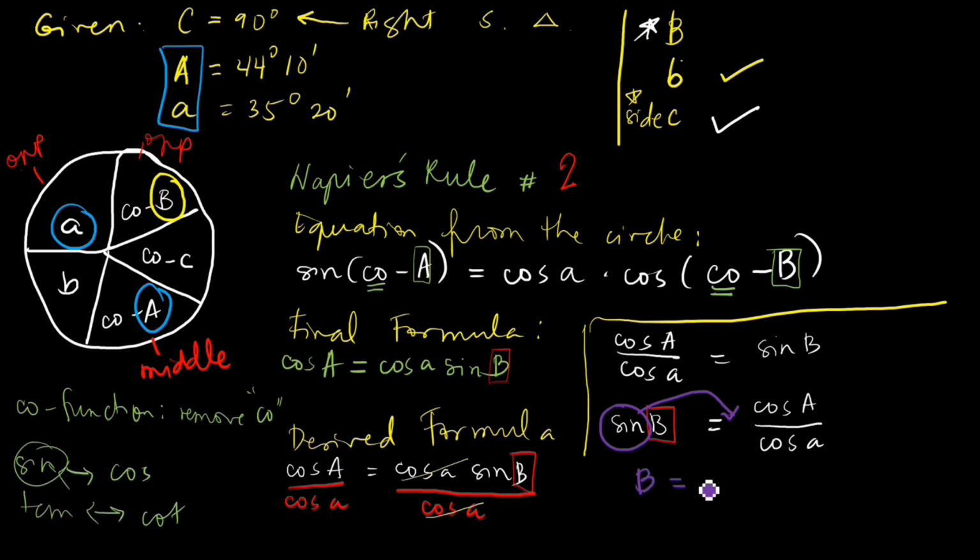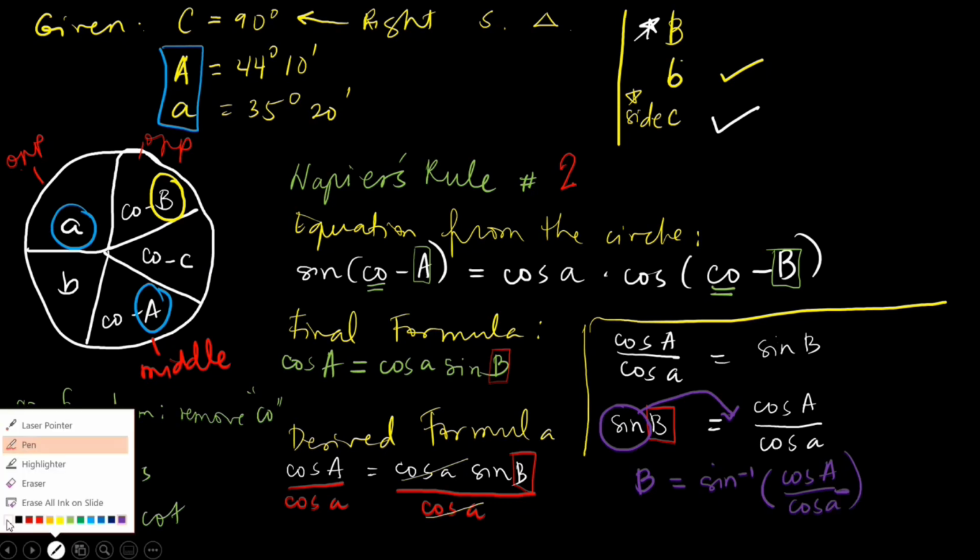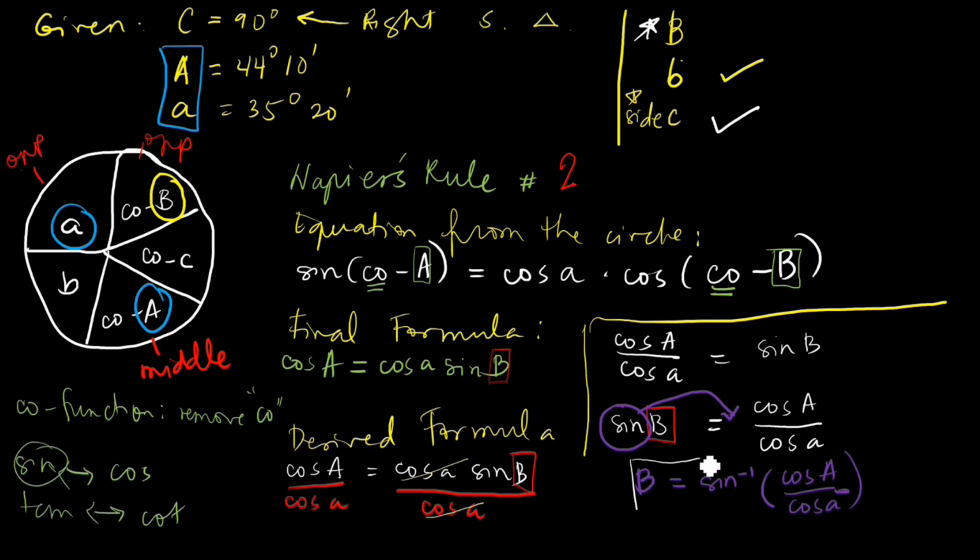So angle B equals, sine will become arc sine or inverse of sine, and then copy the right side, cosine of angle A over cosine of side A. Class, you cannot cancel cosine of angle A and cosine of side A because these two are different. One is angle, the other one is side. Okay, so this is our derived formula.